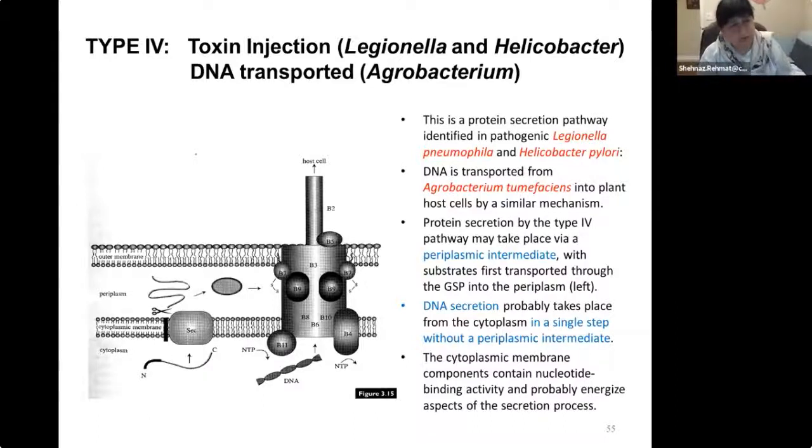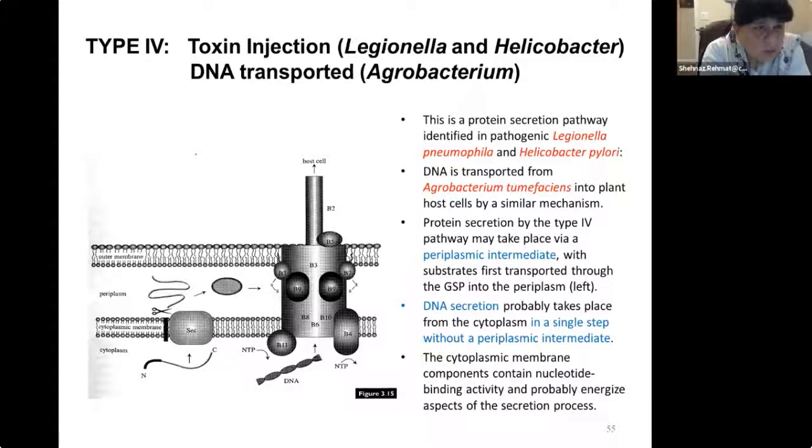Here we've seen the type 4 injection system being used by Legionella pneumophila, which causes legionellosis, a disease, and Helicobacter pylori, which is also a pathogen found in the stomach of some individuals, eventually leading to, I would say, cancers of the stomach also.